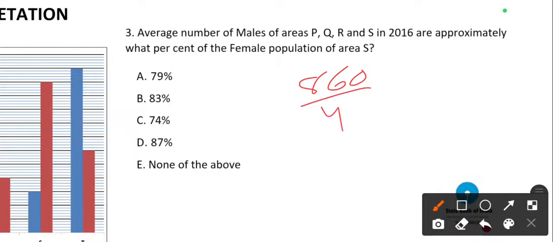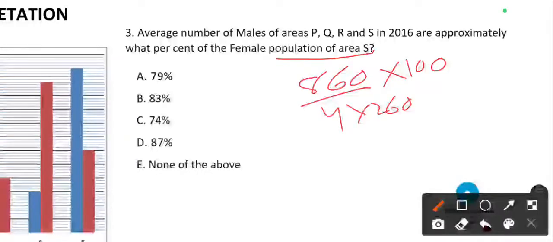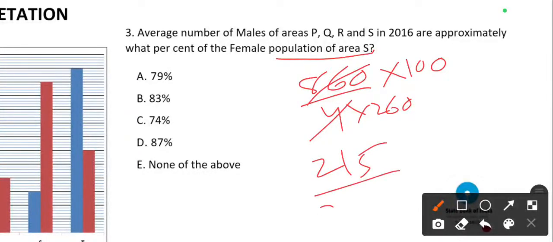And female population is 260, into 100. We need to find the answer for this one, and it is asking about an approximate value. Lalita got 83 percentage. 215 divided by 260 into 100.